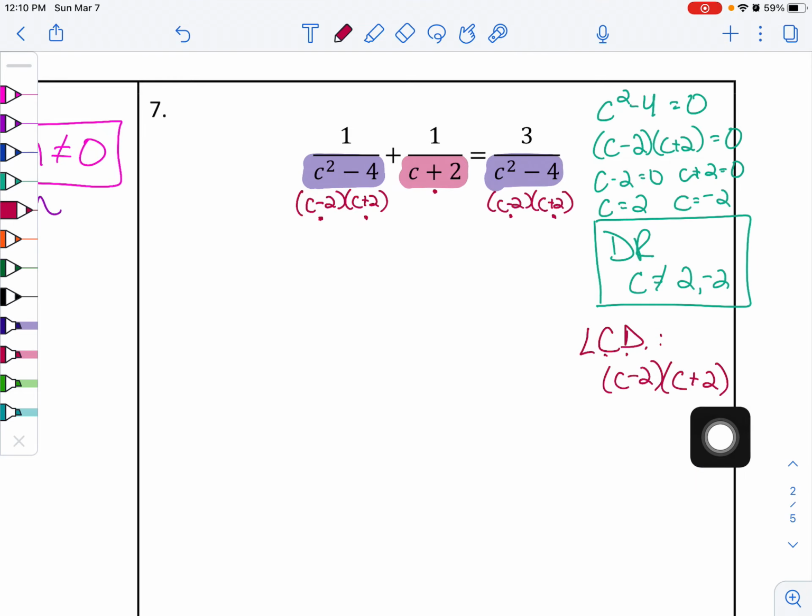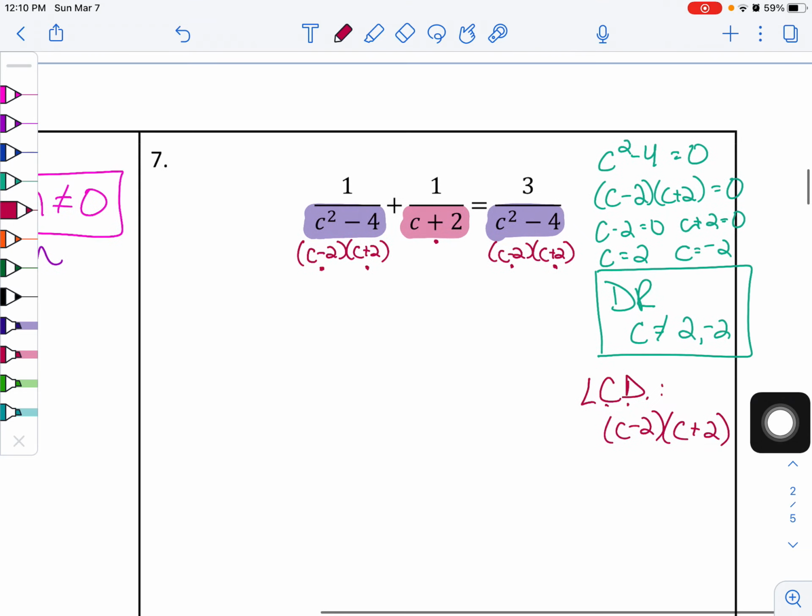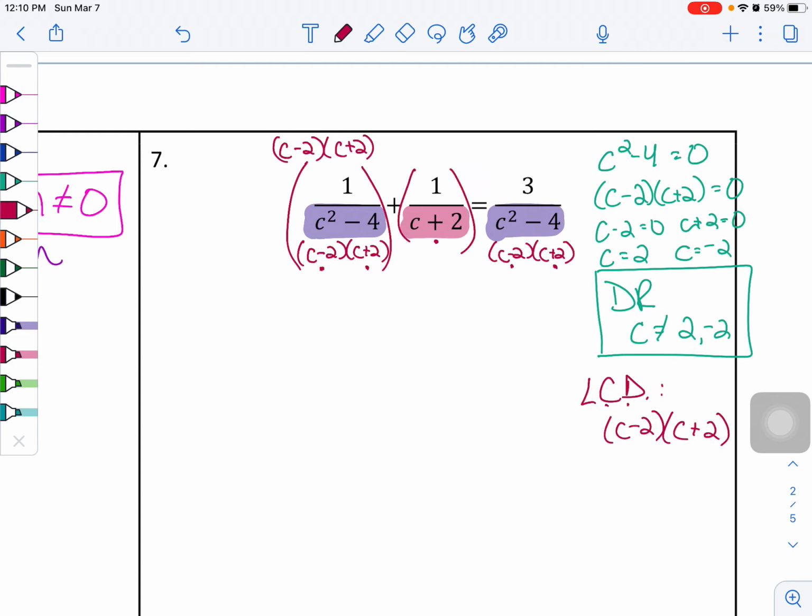And if I do c plus 2, that takes care of that piece and that piece. So every part of my denominator is now taken care of with this LCD. So I'm going to take that LCD and multiply it times all of the pieces of my equation.